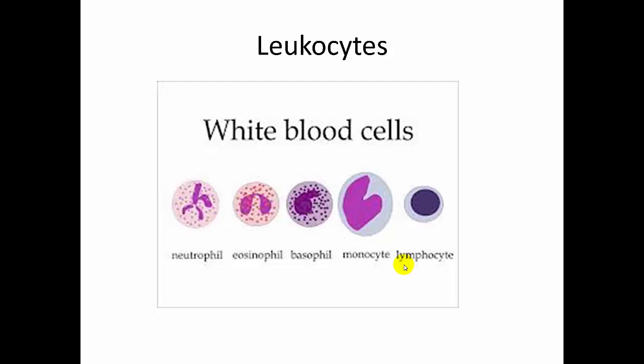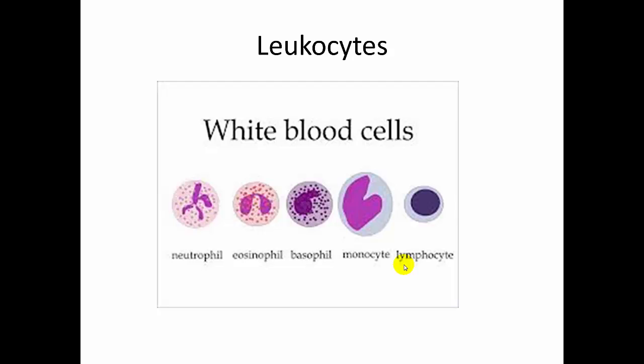It's part of the defense system, helping us to fight against infections and disease. So sometimes the things that affect red blood cell production are also going to affect white cell production.